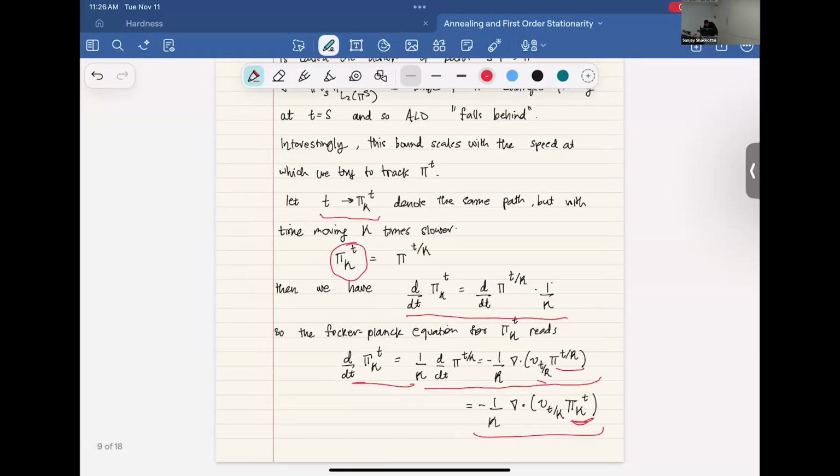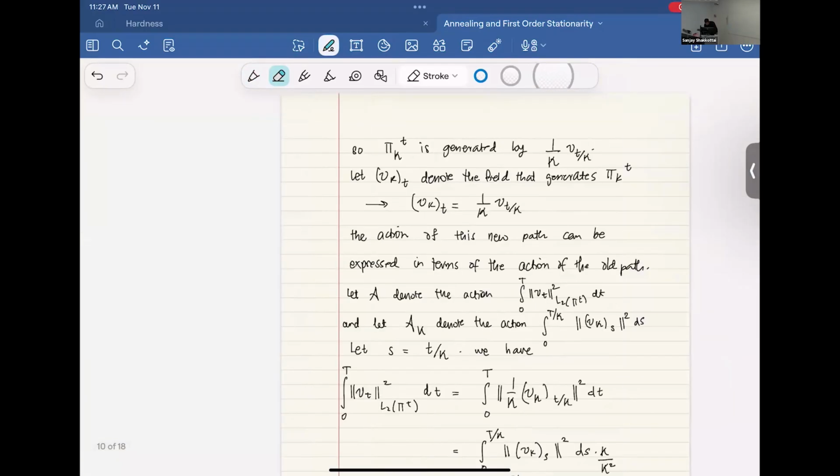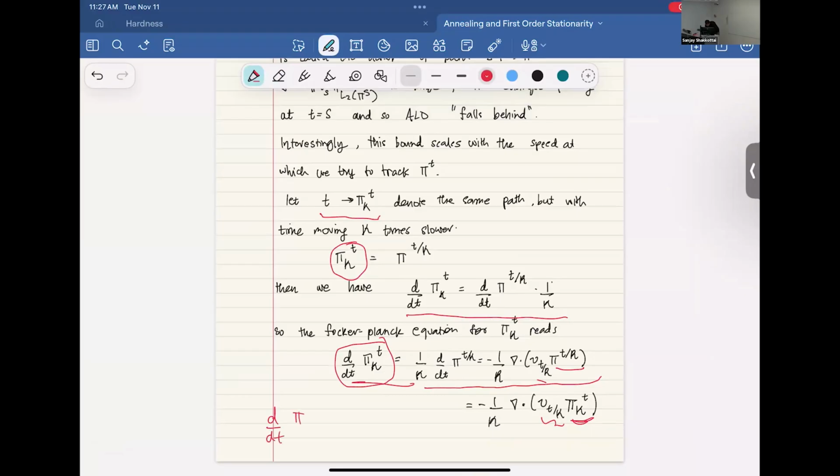The point is that the Fokker-Planck equation for pi kappa t would read the same thing, except with the correct drift term here. And what this is saying is that the drift term for pi kappa t is 1 over kappa times v t over kappa. Because the Fokker-Planck equation for pi kappa t itself would read: the derivative of pi kappa t equals negative grad of v kappa t times pi kappa t.